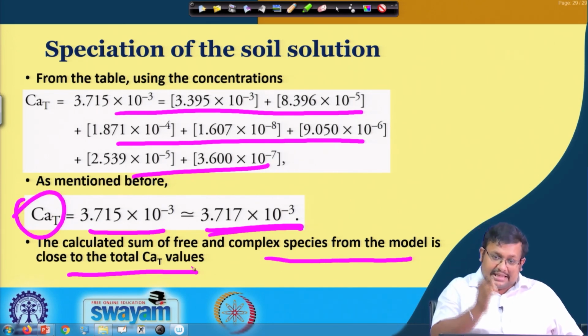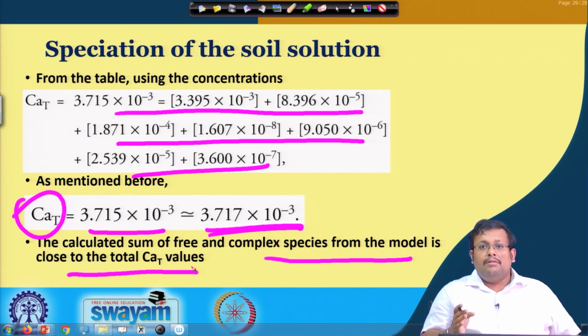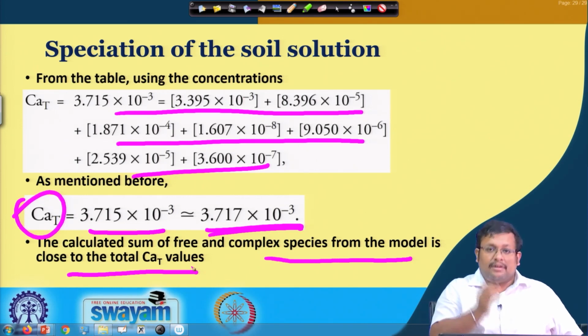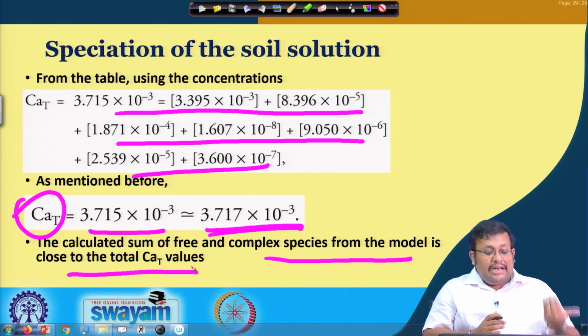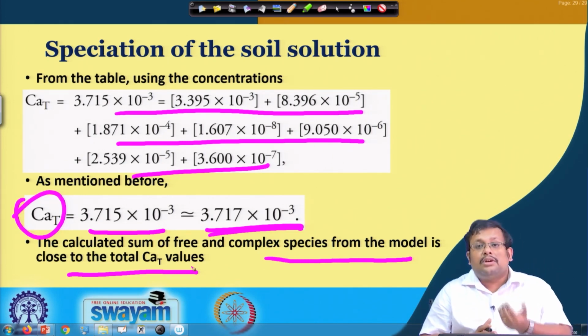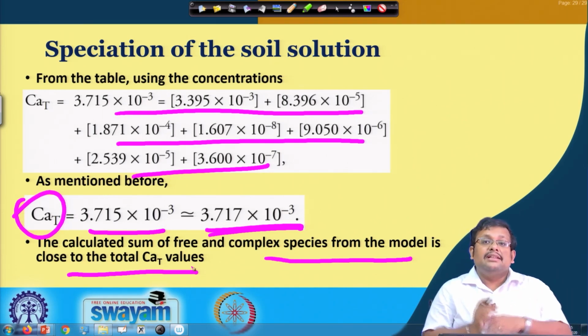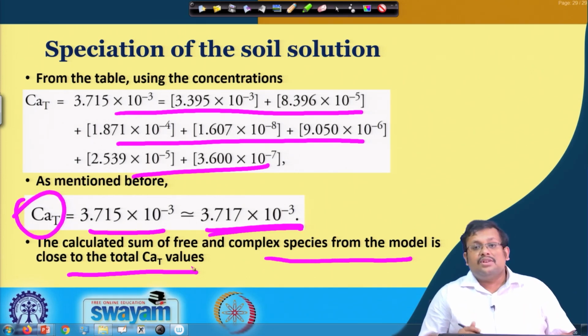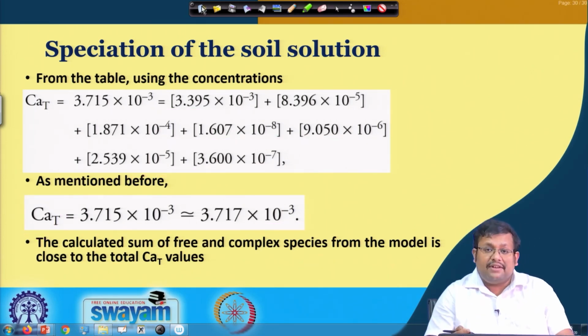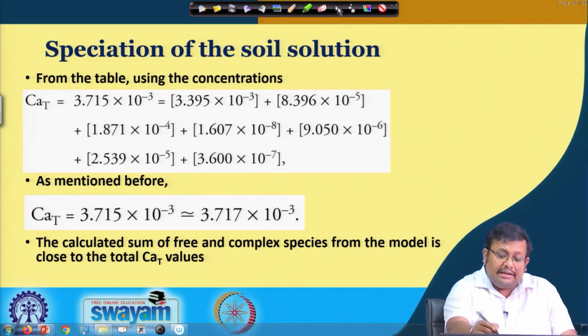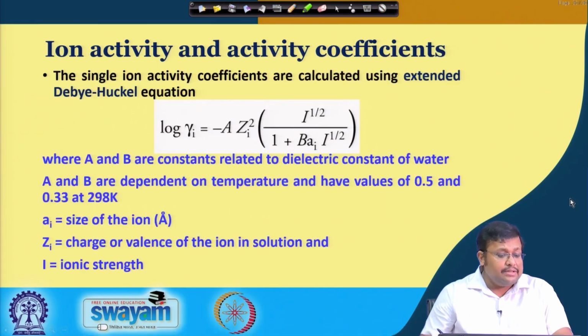From there, we can see the concentration of the compound, and from the values of the concentrations from the table, we can see if their summation is equal to the total metal concentration or not. If these two are the same, then we can say that these are the concentrations of the individual species. We have seen that this is the justified speciation of that particular metal in the cell solution.